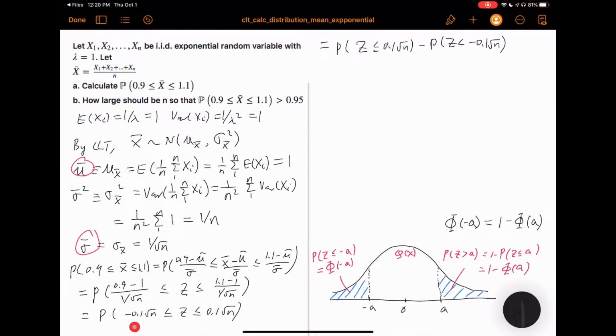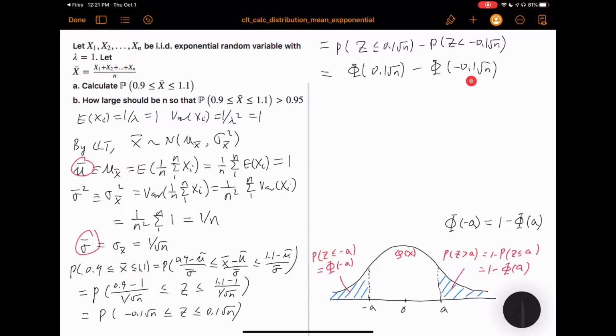To calculate the probability that Z is between these two values: the first item calculates the probability Z is less than 0.1 square root of n, which also includes the left side of negative 0.1 times square root of n. We need to remove that, because we are trying to calculate the probability between these two values. So this is equal to phi of 0.1 square root of n minus phi of negative 0.1 square root of n, where phi is the cumulative distribution function of a standard normal.